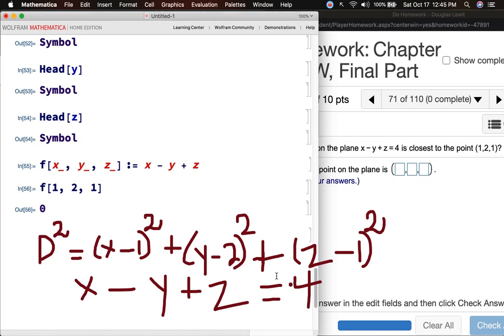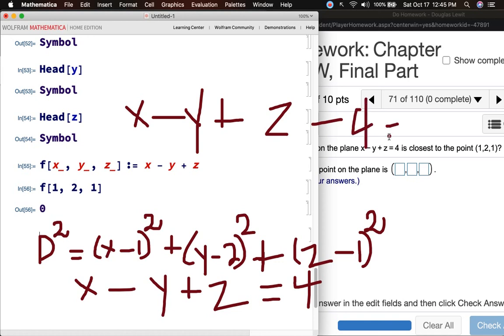Or some people would say x minus y plus z minus 4 is equal to 0, and that's fine. You can do that too. Of course, the derivative of a constant is 0, so it really isn't going to make a difference.